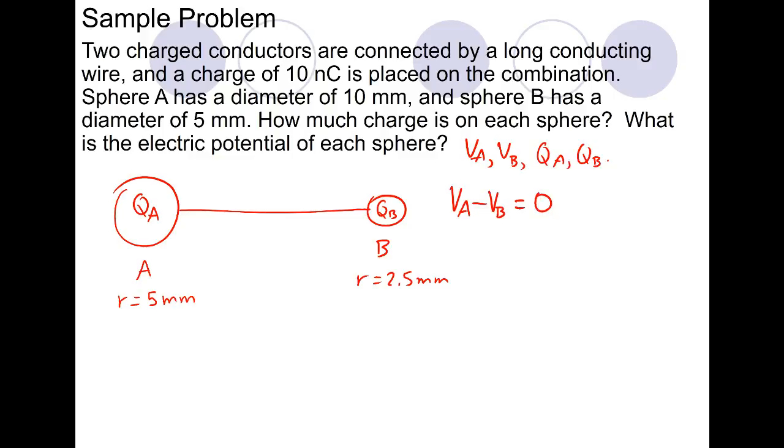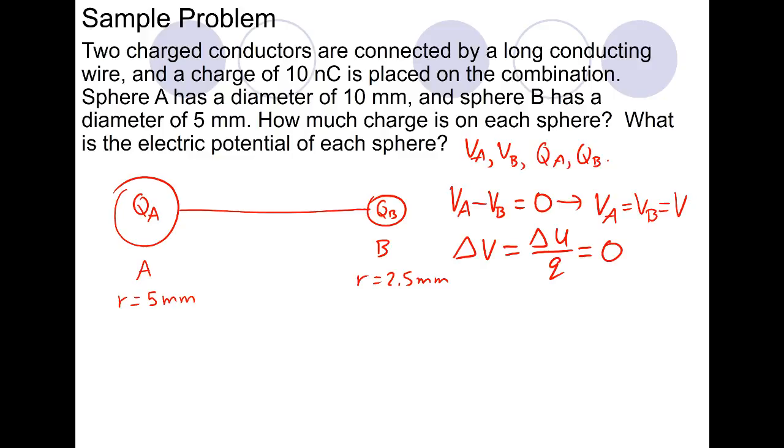And if that wasn't the case, then charges would be moving around, because remember that the definition of voltage is a change in energy per unit charge, and we don't want there to be any difference in potential energy between the two spheres. So the charges are going to move around such that this becomes 0. So there's only one voltage that we're looking for, VA, which is equal to VB, which we can just call V.